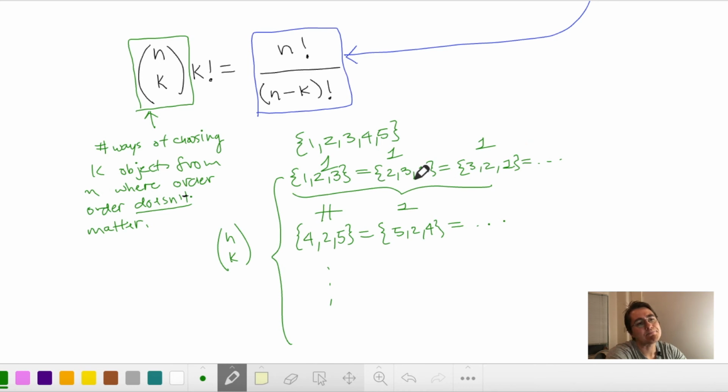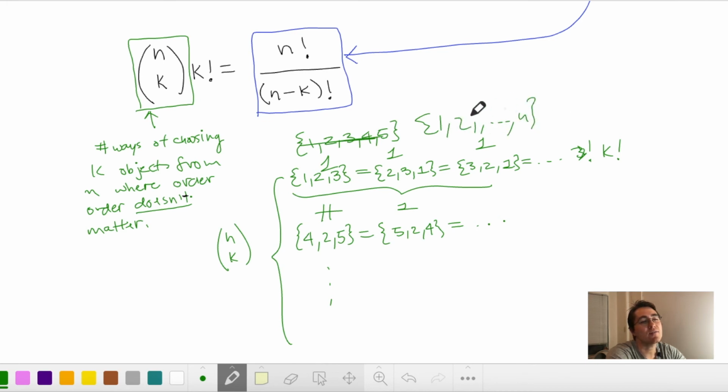But in any case, what if I care about the order here, permuting, changing the order of these things? Well, we know that since there are 3 elements here, there's going to be 3 factorial. And to generalize, that would be k factorial. If instead of picking 3, I was picking 4, and instead of this being 5, it went up from 1, 2, all the way up to n, right?